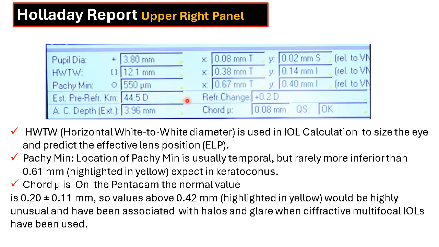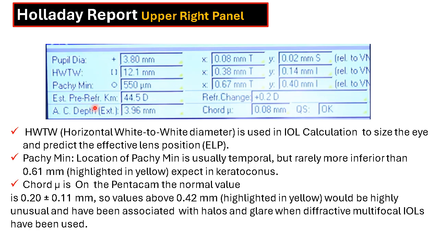You can see that in this patient, the thickness is 550 microns. This is the temporal location, and this is the inferior location. This is 0.4 inferior, so it's still within normal limits. If this value is more than 0.61, this indicates the patient more likely has keratoconus.